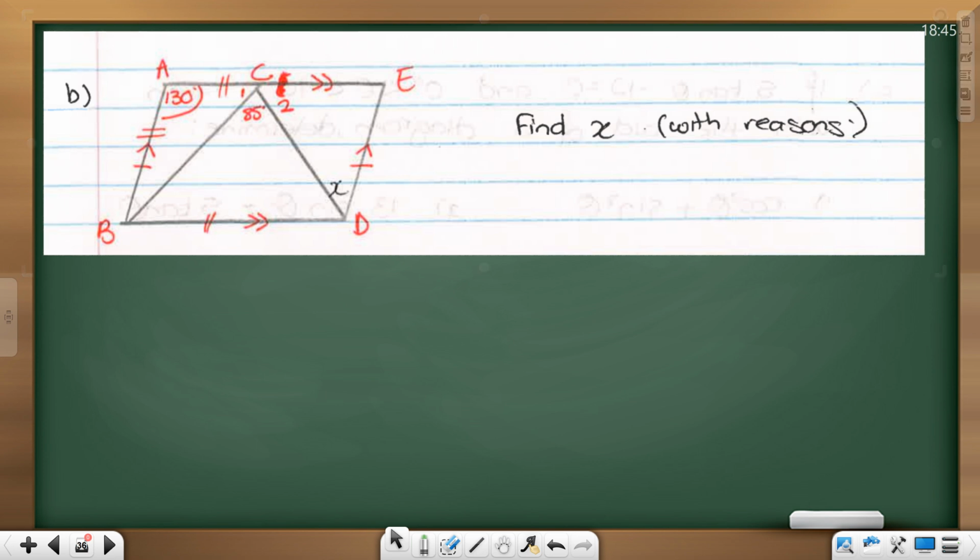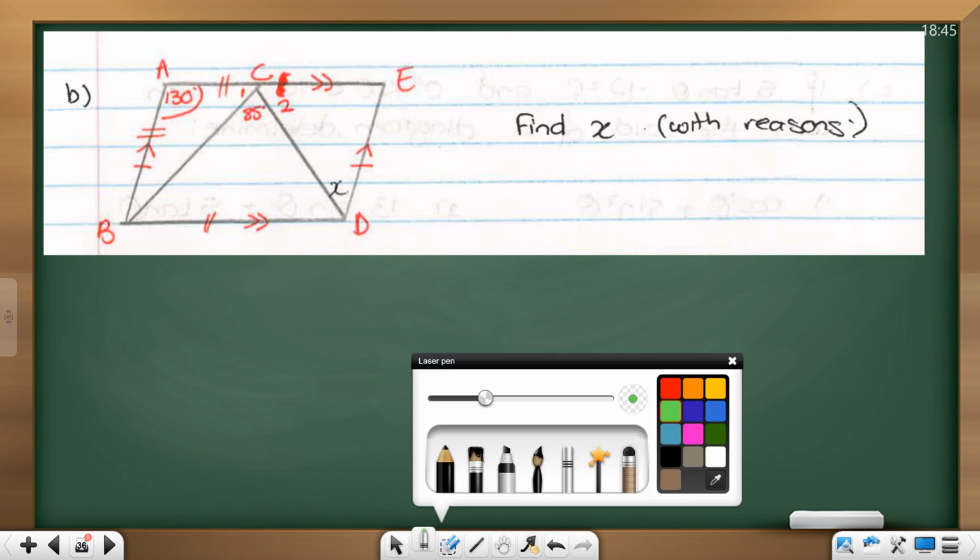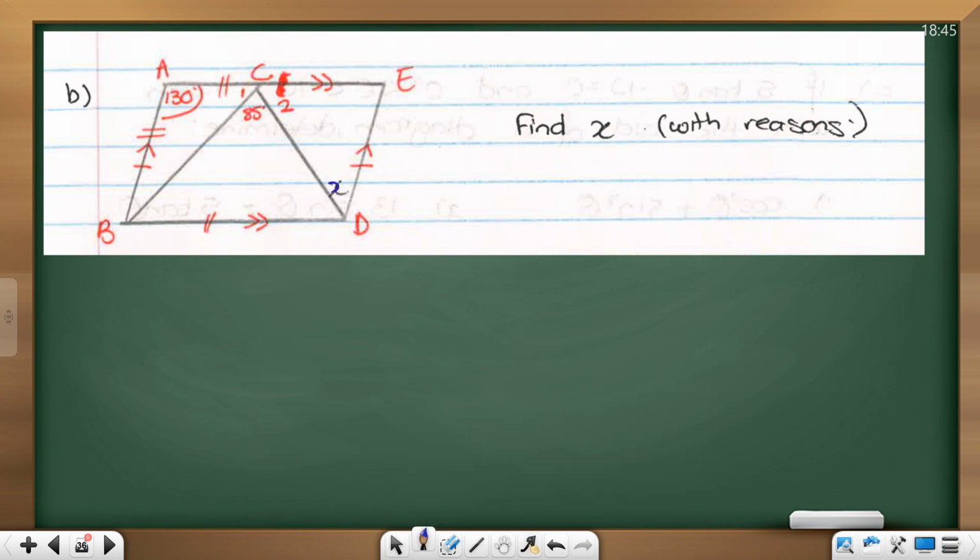Let's find the angle. What are we looking for? Where is X? Okay. There's no exterior angle. Okay, wait.